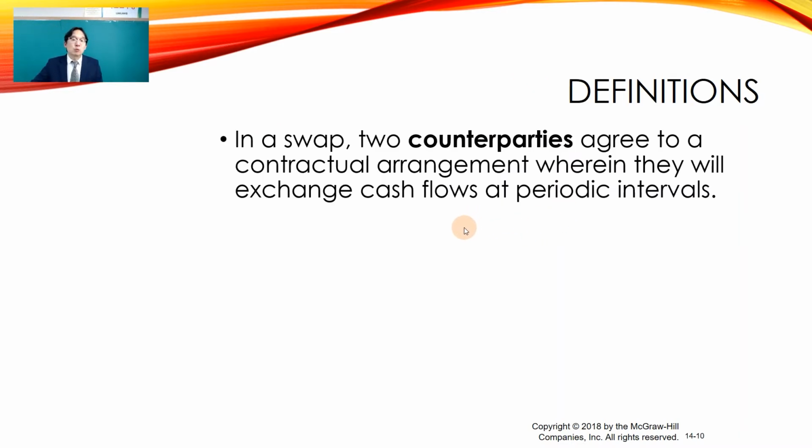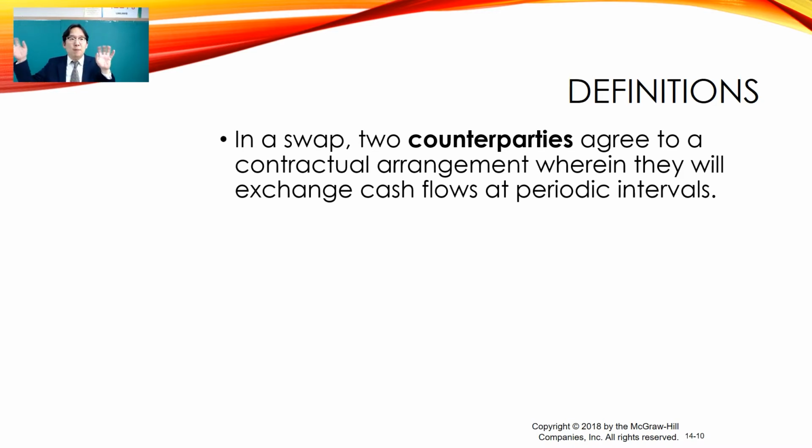Now, definitions. In a swap, two counterparties agree to a contractual arrangement wherein they will exchange cash flows at periodic intervals. A swap is about exchanging, over a certain period.